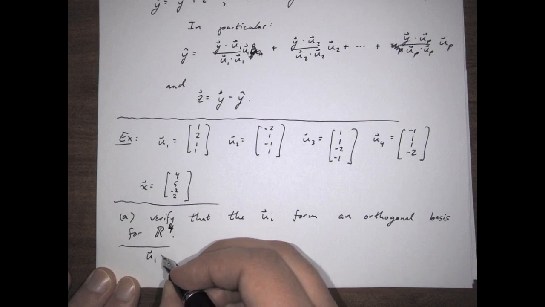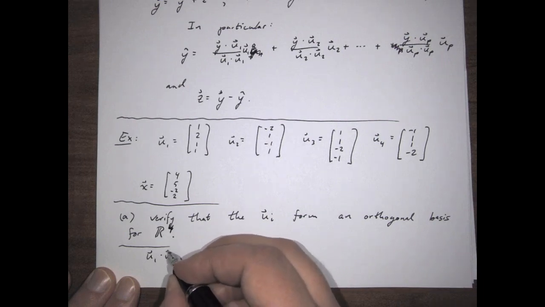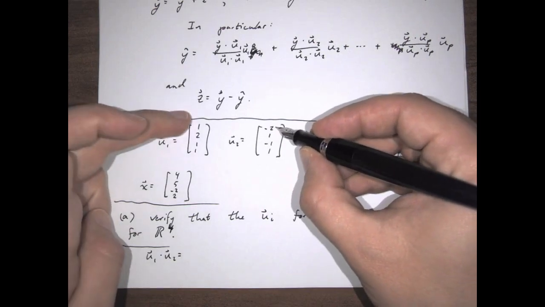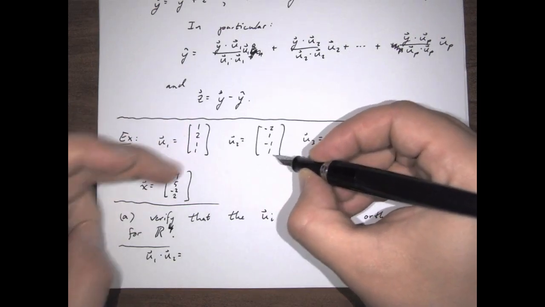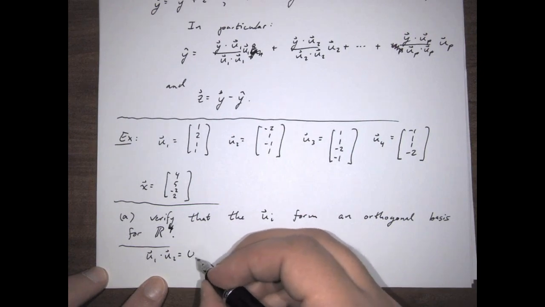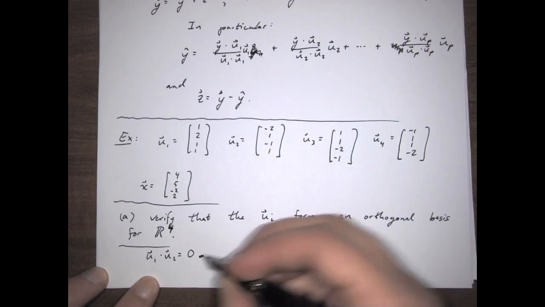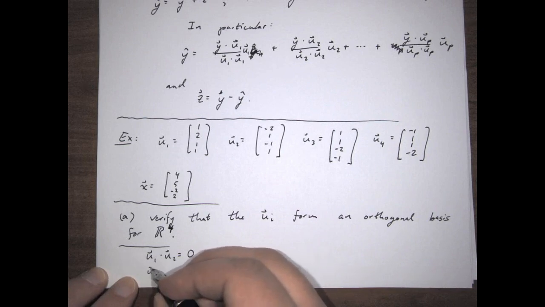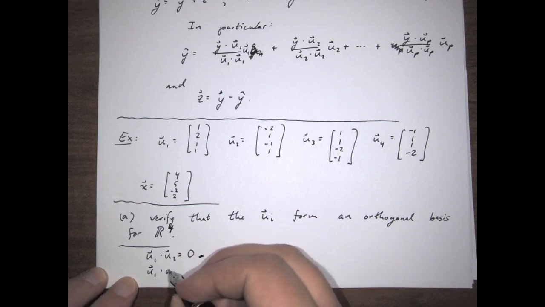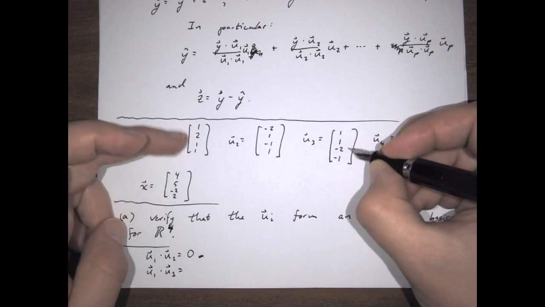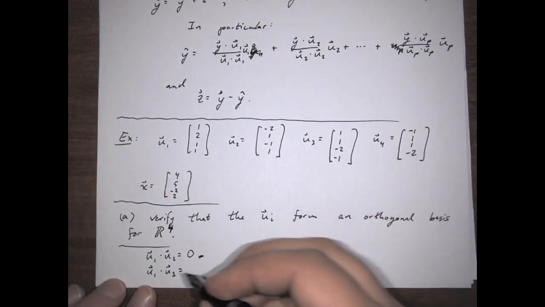So u1 dot u2 is equal to, and then we'll just calculate it away. -2 plus 2, -1 plus 1 equals 0. Check. u1 dot u3, 1 plus 2 minus 2 minus 1.